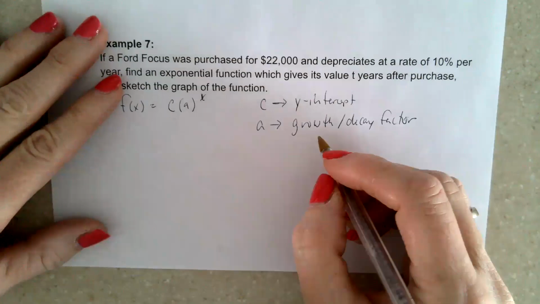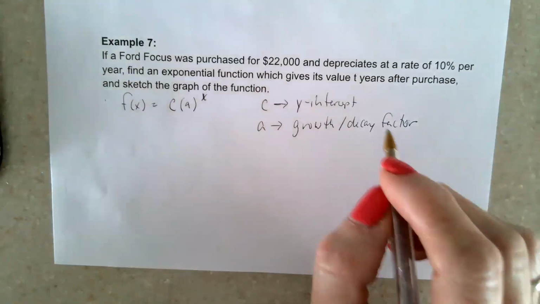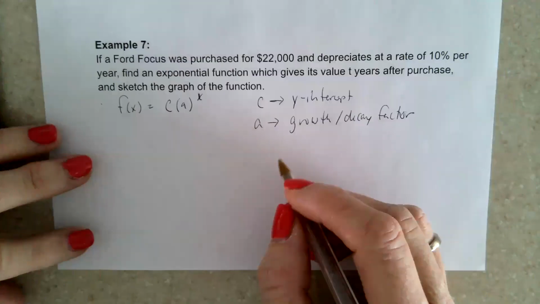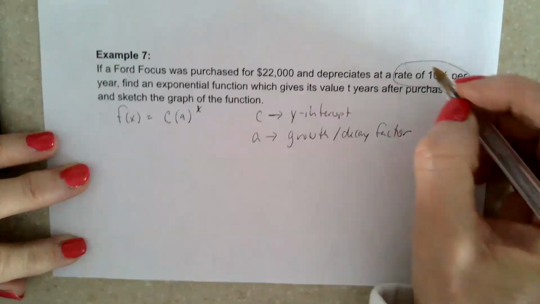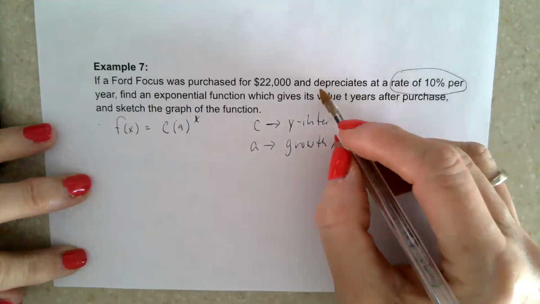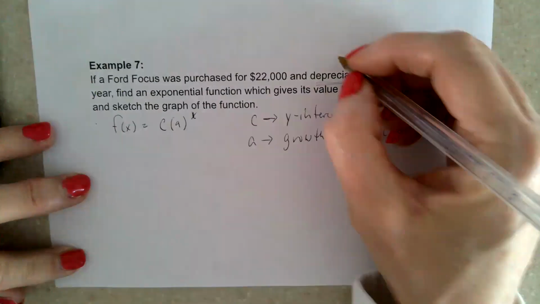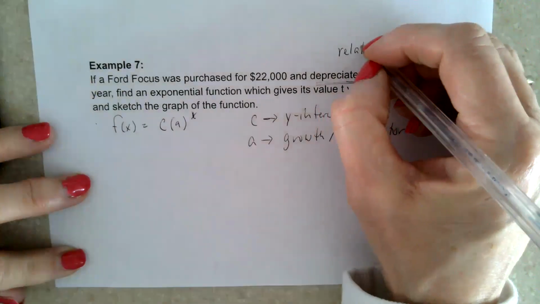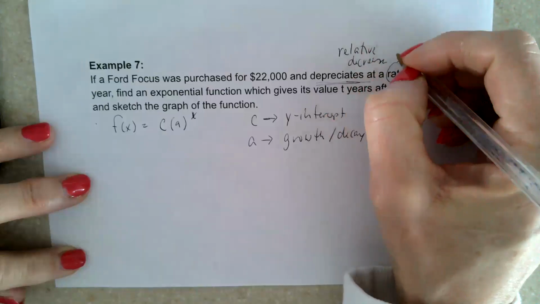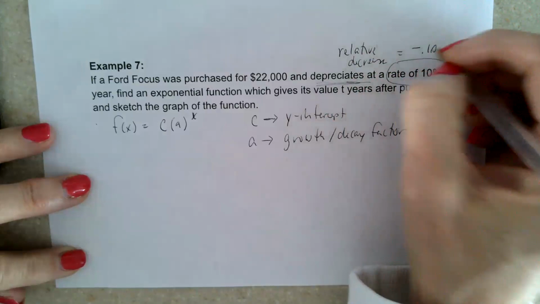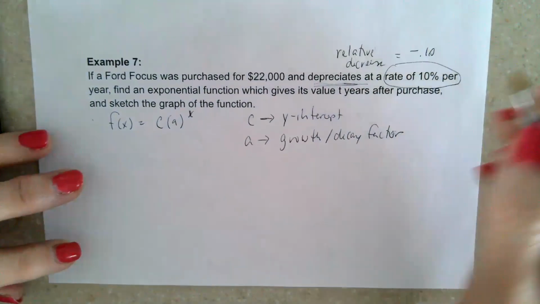And then this right here is our relative increase or decrease. It's depreciating, so it's a relative decrease, where it's going down by 0.10 per year, okay?